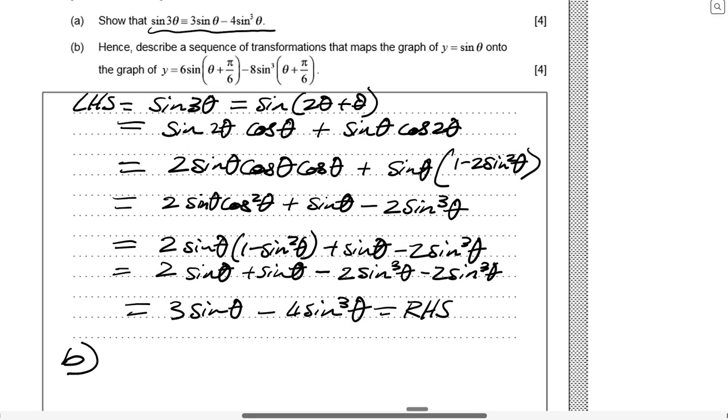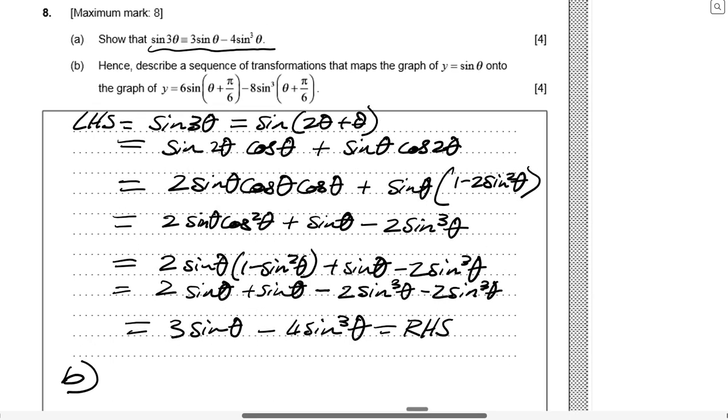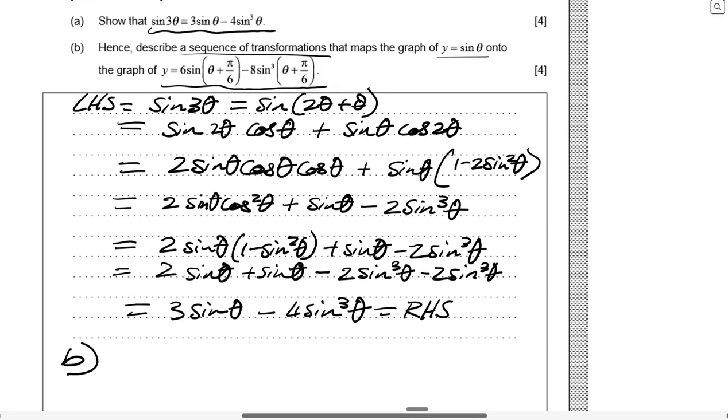Now b. Hence describe a sequence of transformations that maps the graph y is equal to sine theta onto this. Okay, so we have to use this to find this. And so what we see is sine 3 theta. So this is essentially 2 times that. So 2 sine 3 theta.